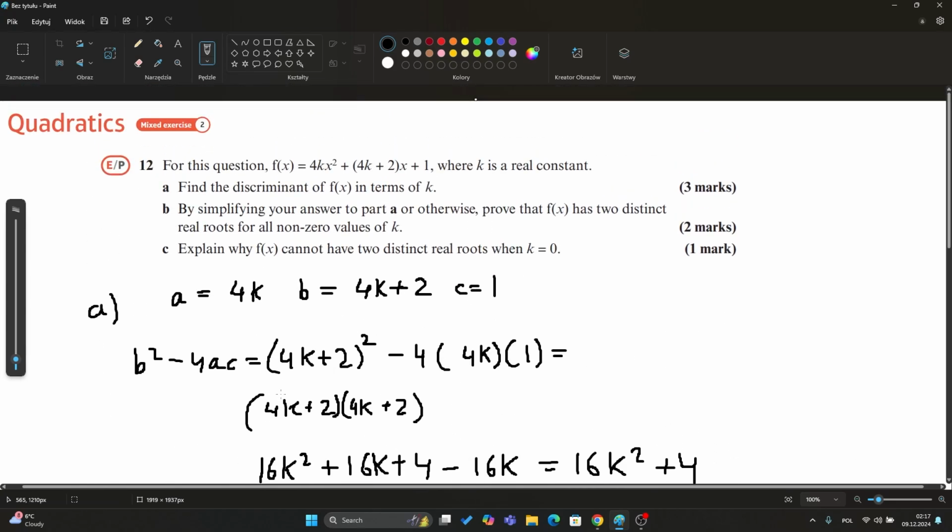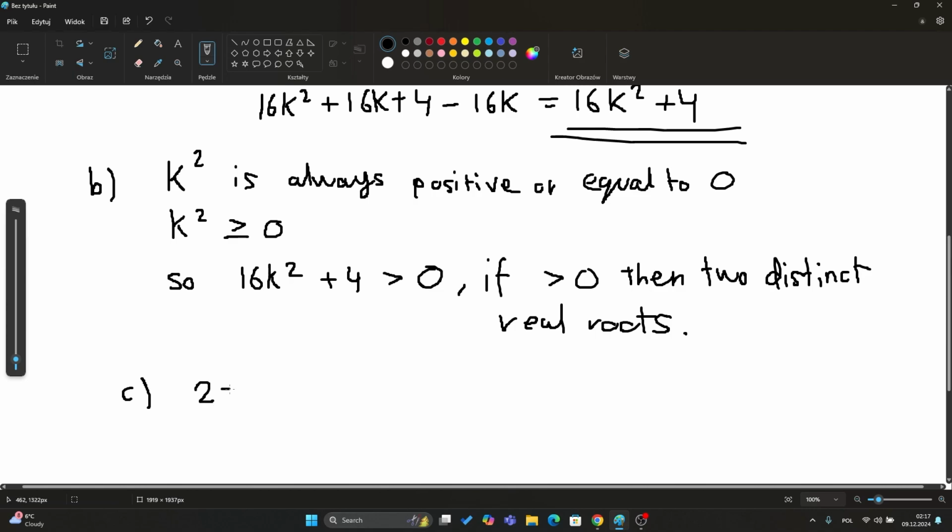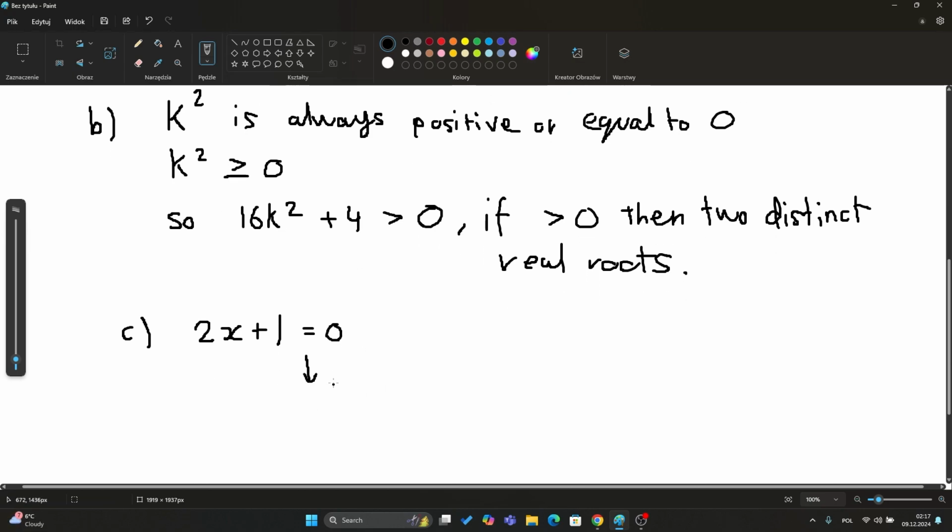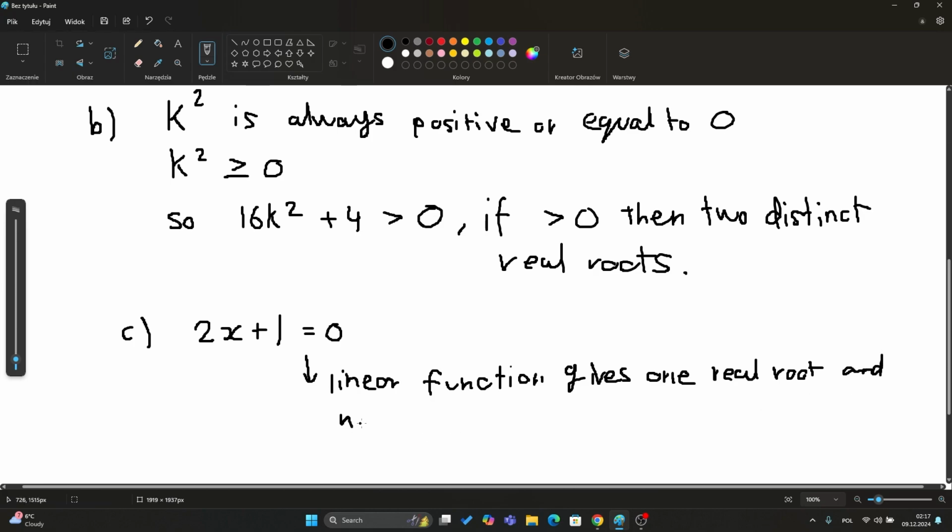But when k equals 0, our f of x becomes 2x plus 1, which has only one root. A linear function gives one real root and not two distinct real roots.